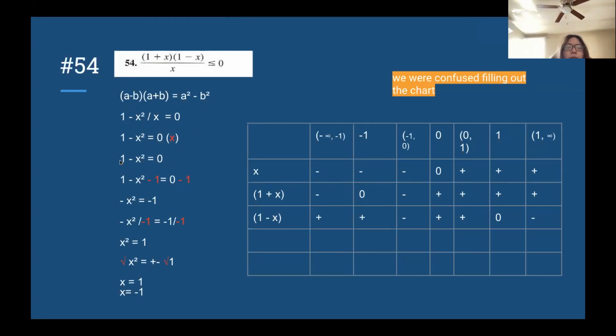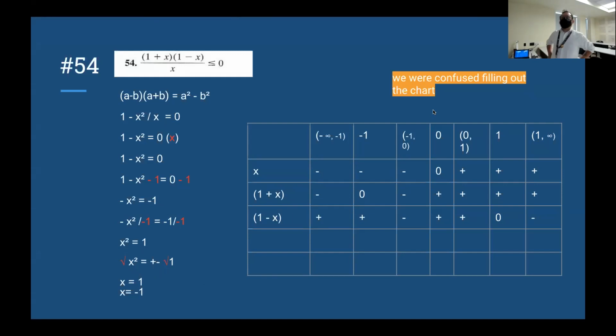Then we subtract the 1 on both sides, and we're left with negative square root of x equals -1. We divide, and the result would be square root of x equals 1. We get the root of that, and x is equal to 1 and the other one -1. And then we got confused when filling out the chart.